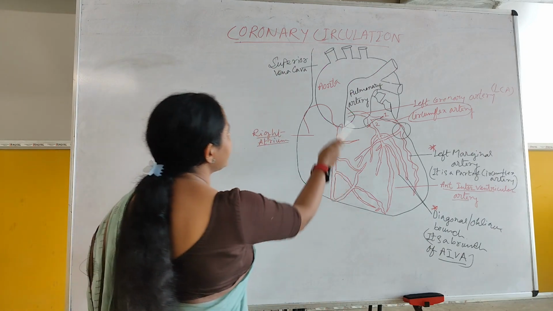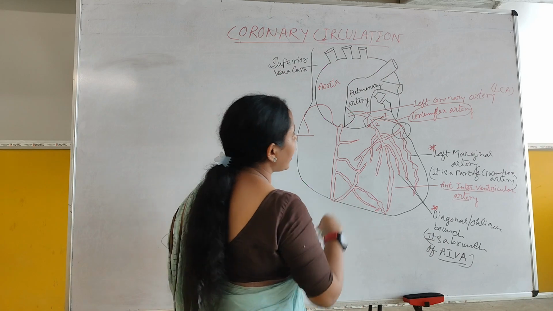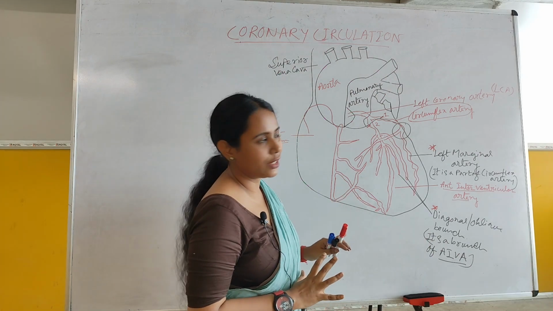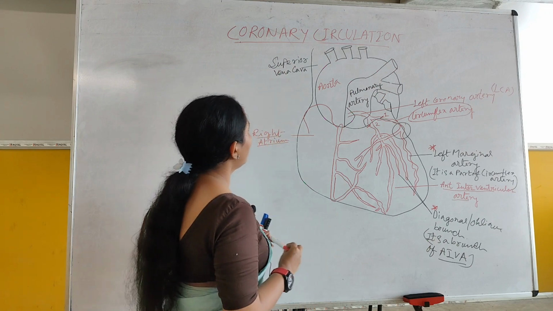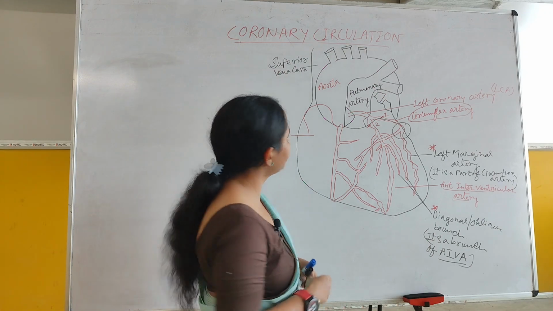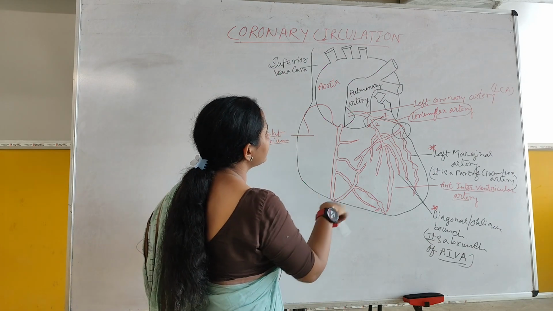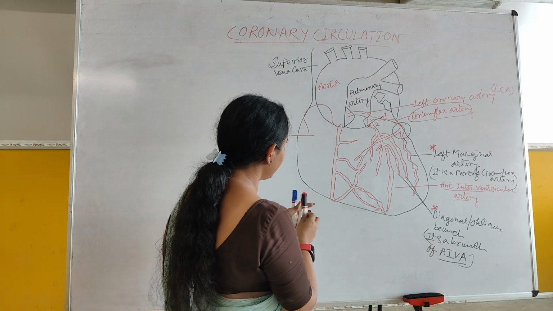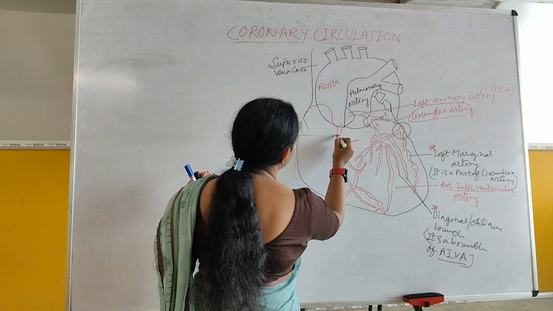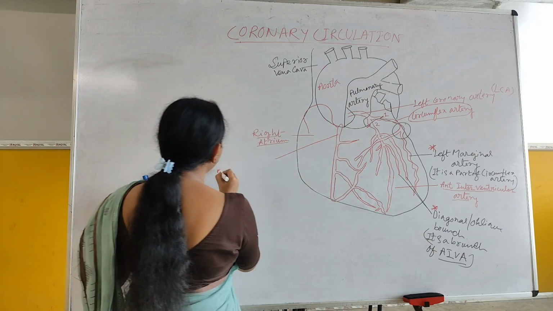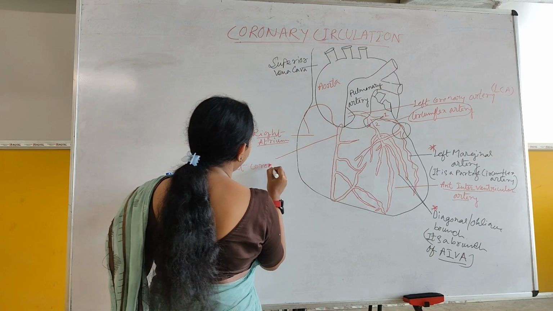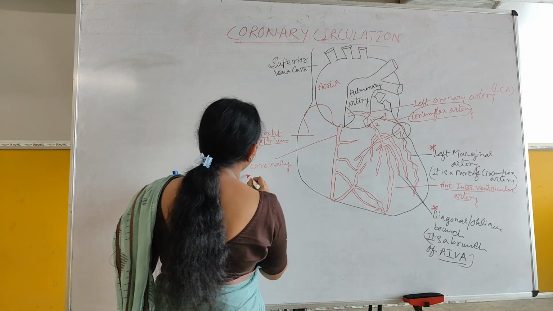See, this is the heart and this is the anterior view of the heart. Firstly, I have discussed the right coronary artery. So where is the right coronary artery? See, this one is the right coronary artery.